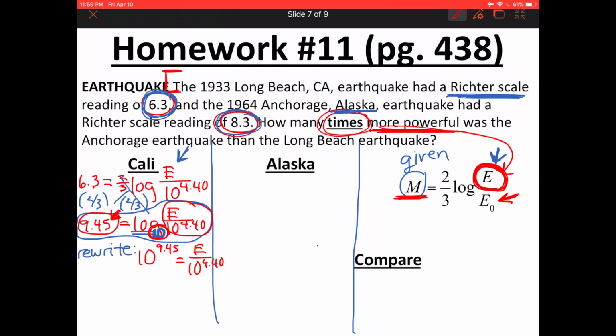Okay? Sound good, guys? So from there, to get my E alone, I'm going to multiply both sides by 10 to the power of 440. Here on the right, they cancel out. When I multiply them on the left, I'm going to have 10 to the power of 9.45 times 10 to the power of 440.